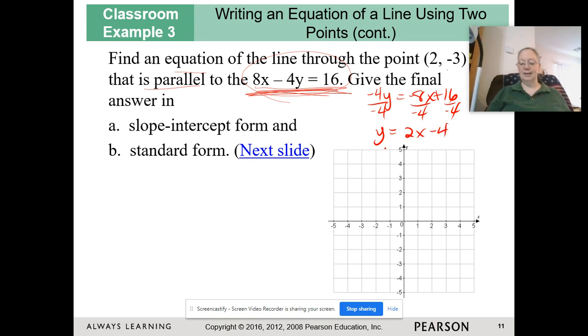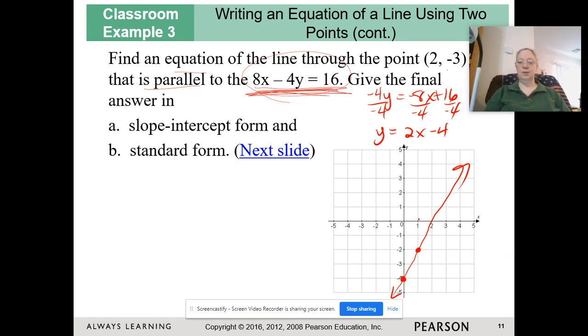Like I said, this is not necessary to do the problem, but I just want to show you what's happening. So my y-intercept is the point (0, -4), and my slope is 2 over 1. All right, so this, again, is not the equation we are looking for, okay?